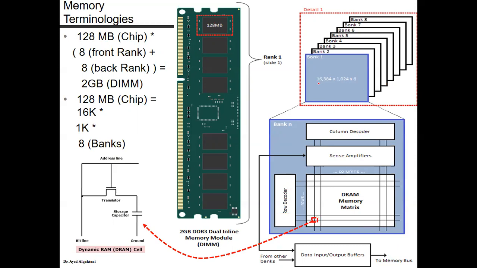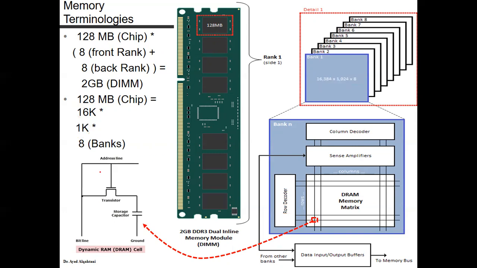You can see this organization here is what we call the 128 mega, which is organized as 16K in rows and 1K in columns, and you have 8 different banks. Each one of them will generate a single bit, totaling 8. If you multiply those 3 numbers, you will end up with the 128 megabyte.